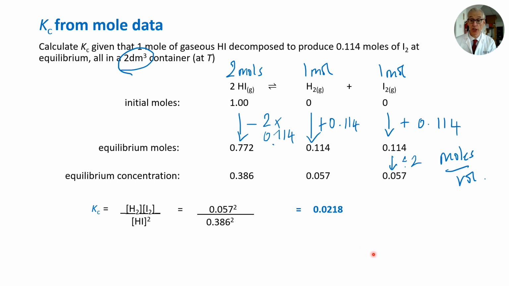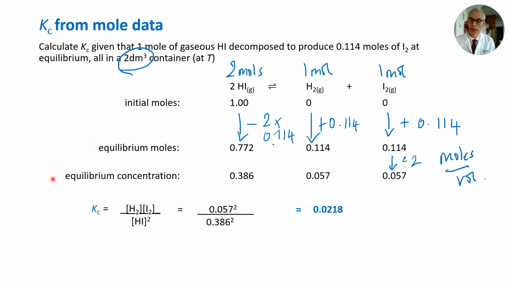Now there is a shortcut in this particular example whereby we could notice that the volume is the same for all of the components, and therefore where there are no units you can ignore volume, but I would advise, certainly when you're starting, that you go through the process of from initial moles to equilibrium concentration.